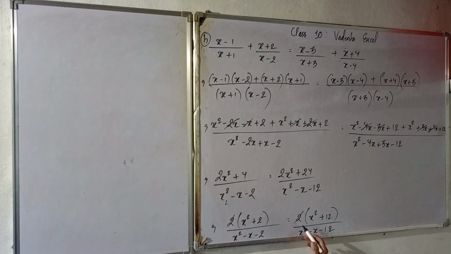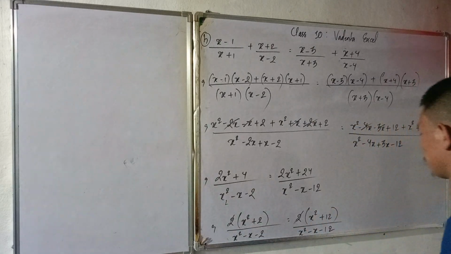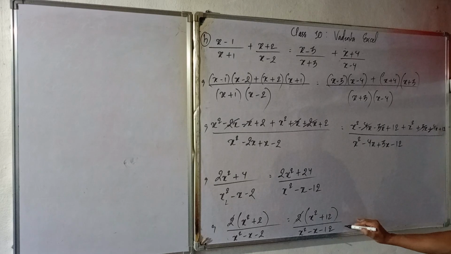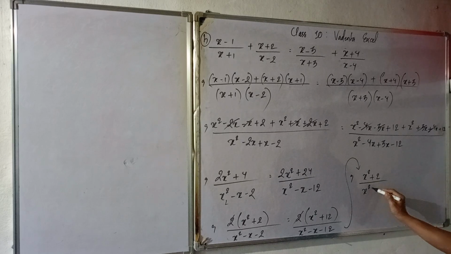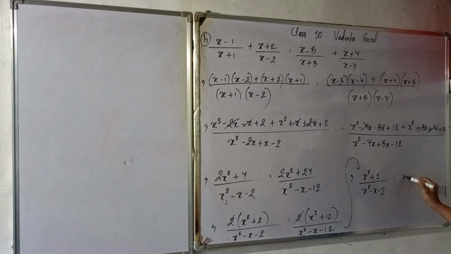The reason is, if 2 is shifted to the other side, it goes into the denominator, so you can directly cancel it. The remaining is x squared plus 2 divided by x squared minus x minus 2 is equal to x squared plus 12 over x squared minus x minus 12.